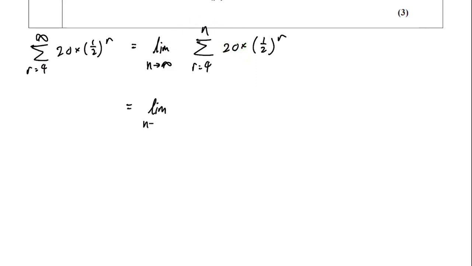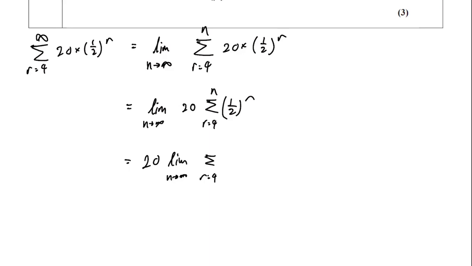So it becomes the limit as n goes to infinity of 20 times the sum of half power R as R goes from 4 to n. Then this 20 can be factored out further. We get 20 times the limit as n goes to infinity of the summation R equals 4 to n of half power R.